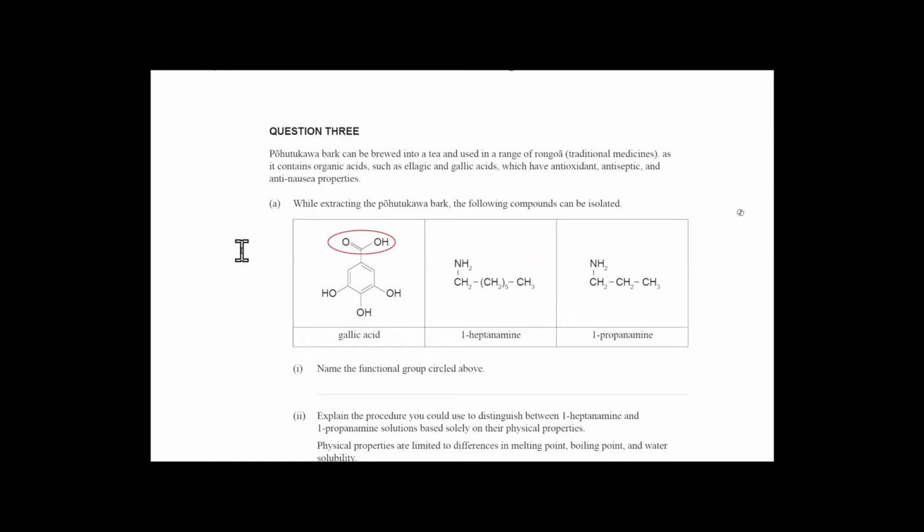Good for us, the rongoā. That's how you pronounce it, because it's got the macron over the A.